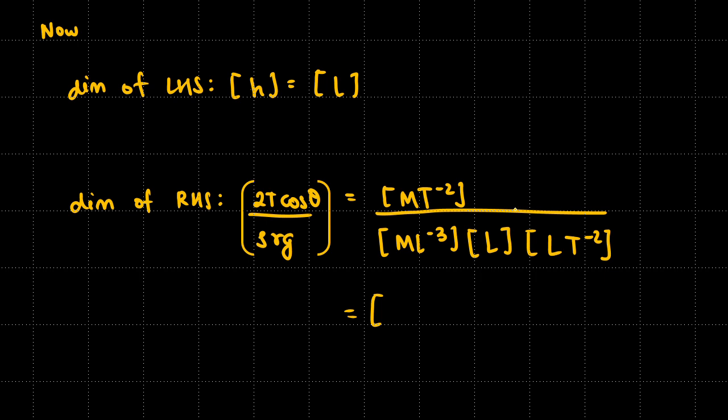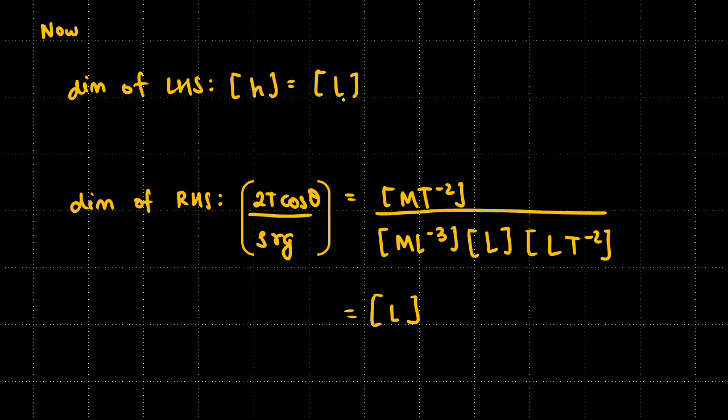Now let's see length: L^3, L^-3 plus 1 plus 1, which gives us L^-1, which goes up and becomes L. Then T^-2 cancels out, so you get L.